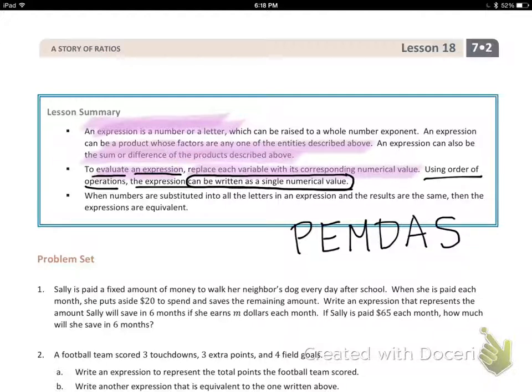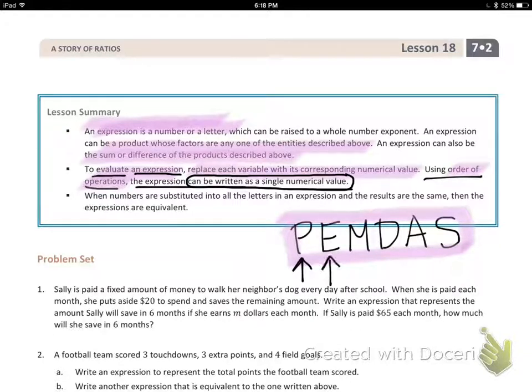Order of operations is something that hopefully you have seen before. If not, many have come to know the acronym PEMDAS. I'll end this lesson with one slide with all the PEMDAS expressions written on it, so you can pause it and write them yourself, but I'll say them here out loud. P stands for parentheses.